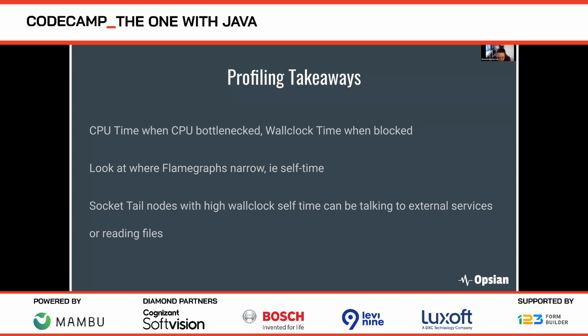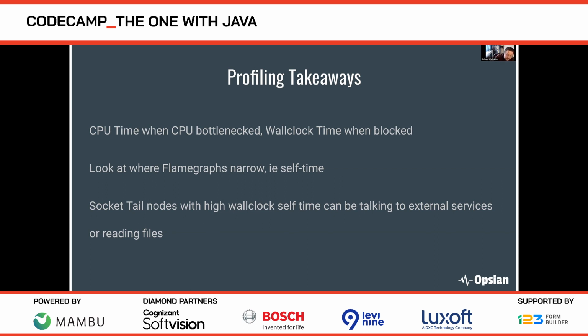And finally, the kind of trick which I think is super useful to know if you're using flame graphs for profiling production systems, when you've got tail nodes in wall clock profiles that have high self-time and they're calling socket code or IO code, that's not the system in question that needs to be optimized. That's talking to an external service.